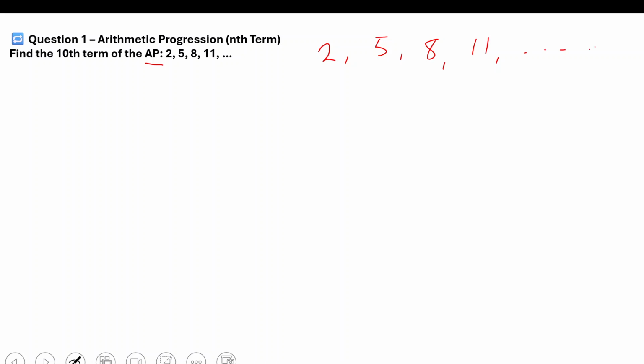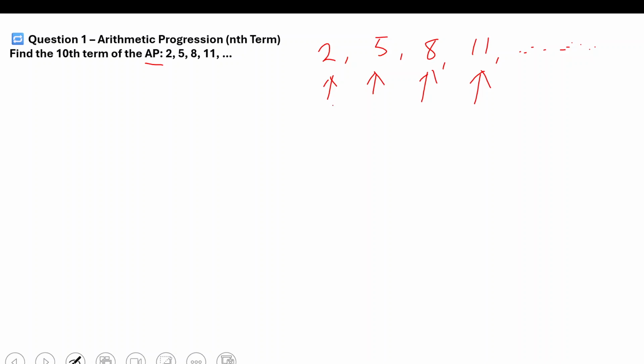One of the things to do to know whether a progression is an arithmetic progression is to check the common difference between the preceding terms. This is known as the first term, this is the second term, this is the third term, and this is the fourth term. This dotted sign shows that it's continuous. It can be endless. The terms continue.